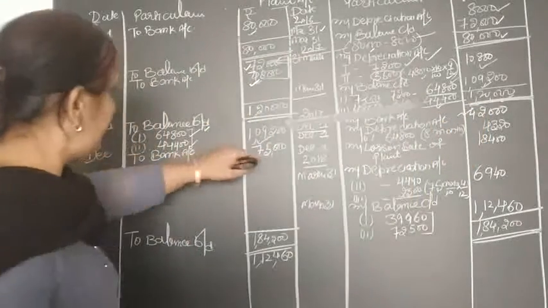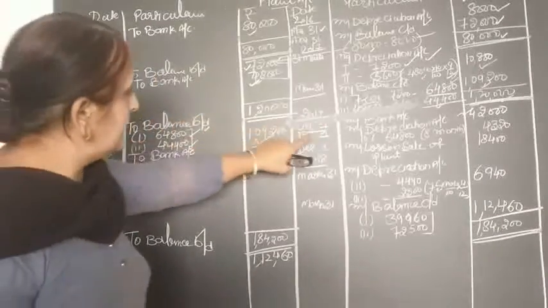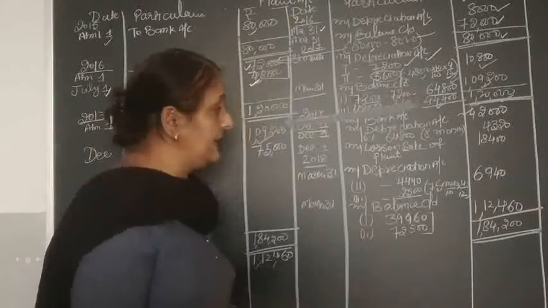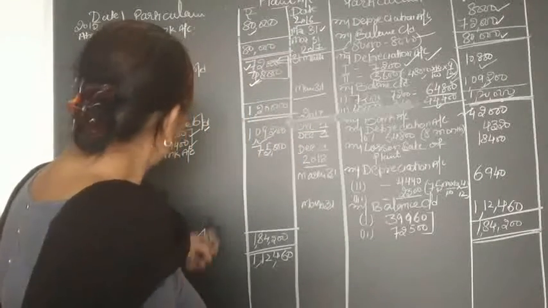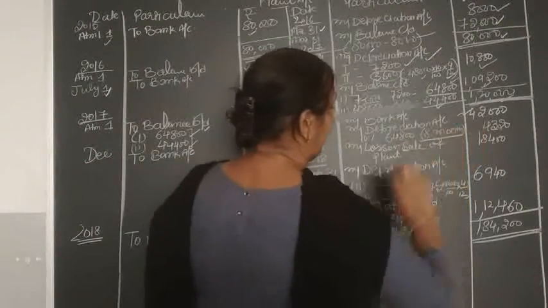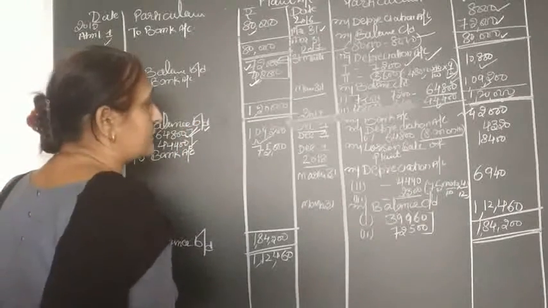और दिसंबर 1 को फर्स्ट प्लांट सेल किया तो अप्रैल से लेके दिसंबर तक इस फर्स्ट प्लांट के ऊपर जो हमने सेल किया है डेप्रिसिएशन भी लगाएंगे. So from April to December, 8 months depreciation will be provided on the balance, and the balance of first machine is 64,800.